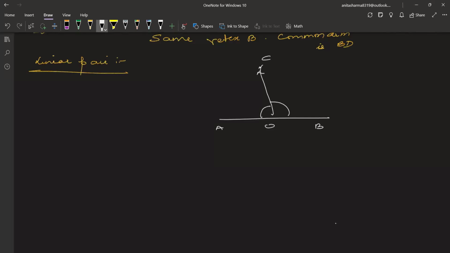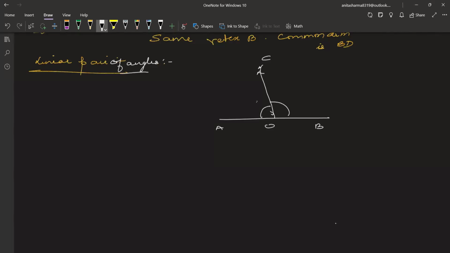Yes, correct. So see, linear pair of angles. Ma'am, in the diagram that you drew, the line CO is dividing AOB into halves, like 90 degrees. No, see, beta, we have not given this.